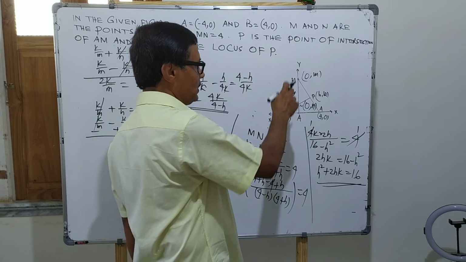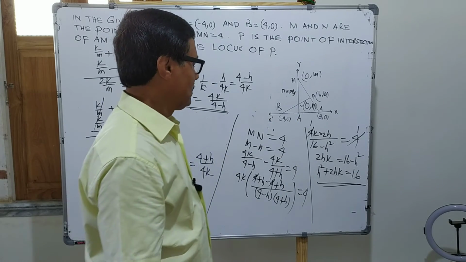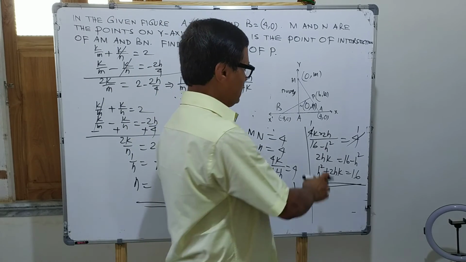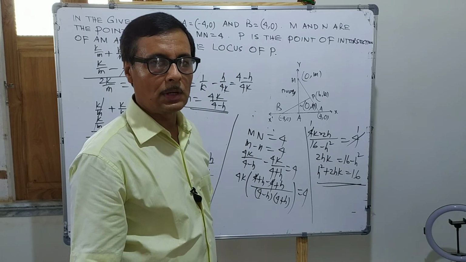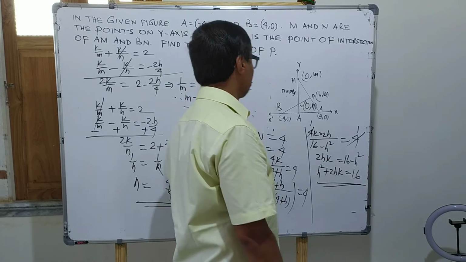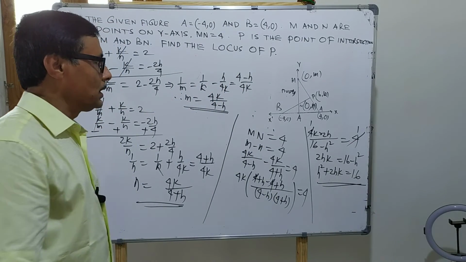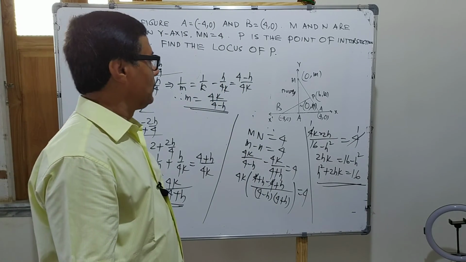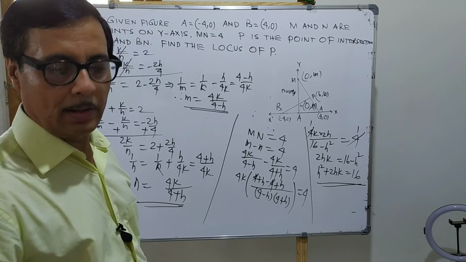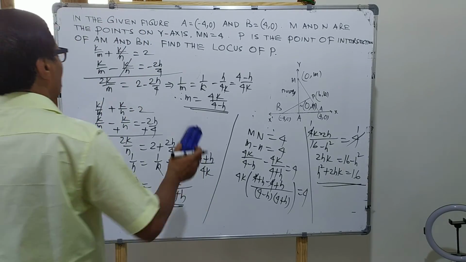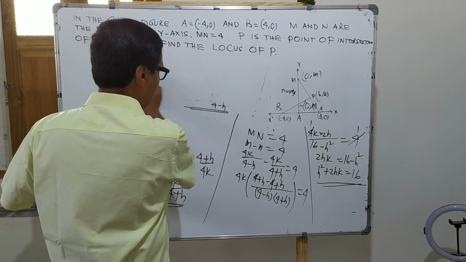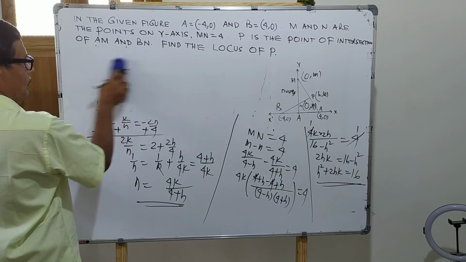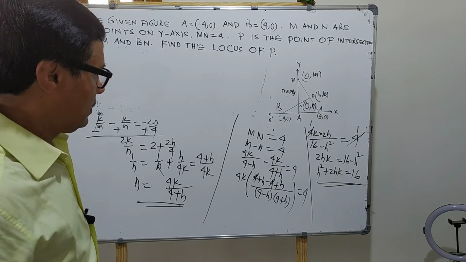So the locus of the point (h, k) can be written as x square plus 2xy equal to 16. This is the locus of the point P, and also the point P is the intersection of two line segments BN and AM. So we have got the locus of the point P.